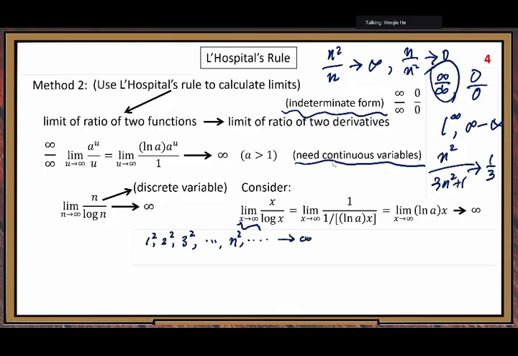Another way: 1, root of 2, root of 3, and so on, root of n. It can also go to infinity. There are so many different ways to go to infinity. Which way do you mean here? When you write it this way, you do not specify which way, which means any way is okay. It doesn't matter which way you use.